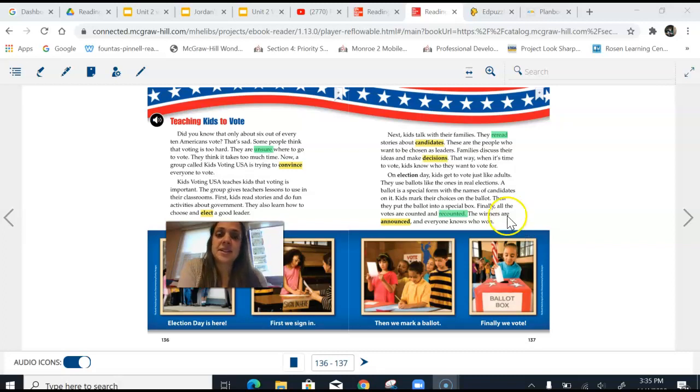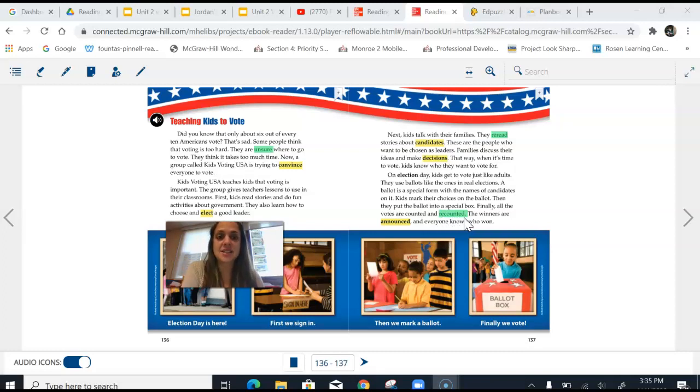All right, third graders, let's check your thinking. Our base word that can stand on its own is count. Count, like in numbers, you are going to check how many votes there are. That's what it means to count. Now you are going to recount. You're going to do it again. So you're going to check how many there are again.